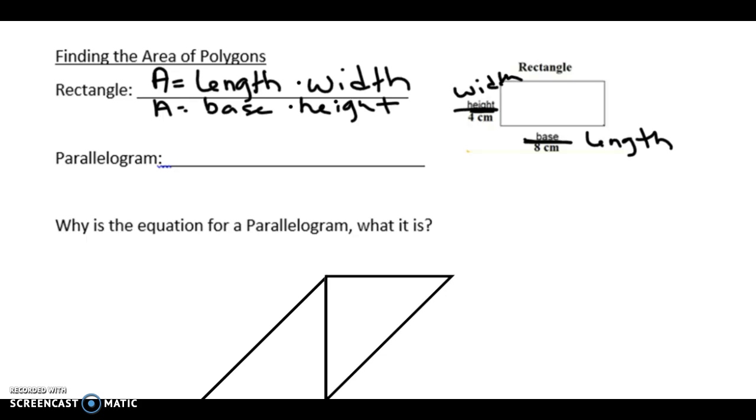Those terms are kind of interchangeable when we're talking about rectangles. To find the area of a parallelogram, surprisingly, the equation is the same as a rectangle. Let's move down here and talk about why.